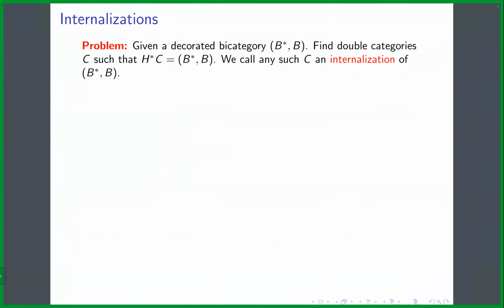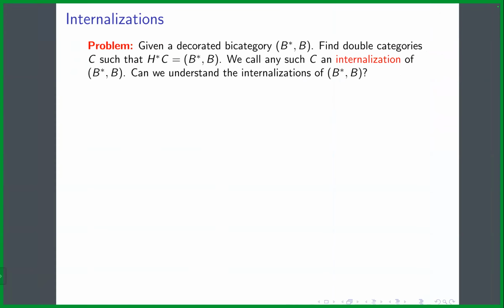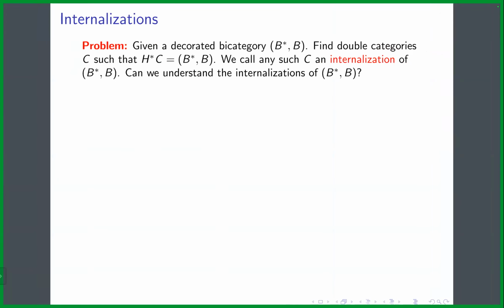So what we're thinking about is the following problem. Given a decorated bicategory B star comma B, we want to find a double category C such that H star C, the decorated horizontalization of C, is the decorated bicategory that we started with, B star comma B. So we call any such double category C an internalization of B star comma B. And well, once we've found internalizations for our decorated bicategory, can we understand other internalizations of B star comma B?